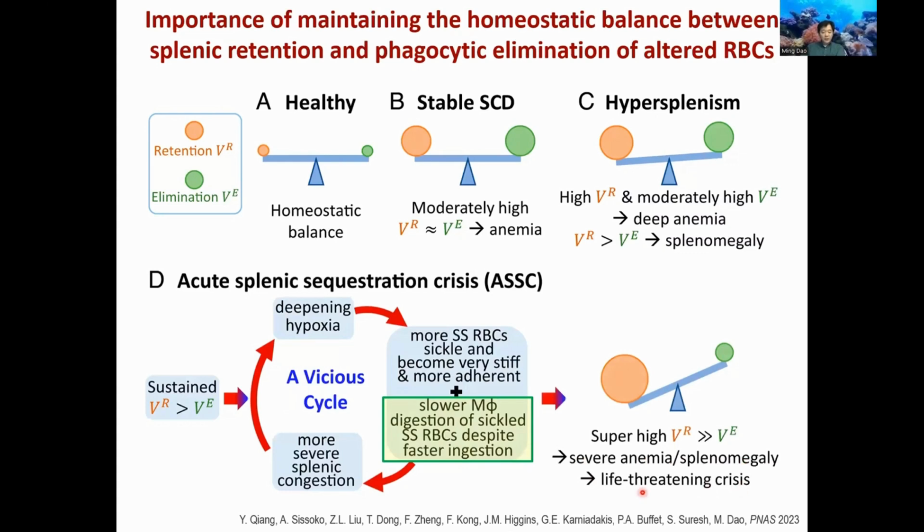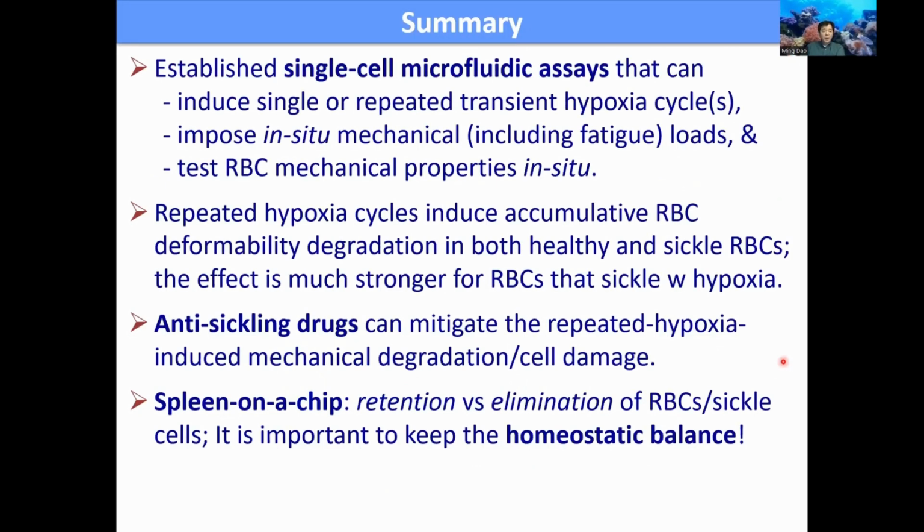You can see more details in this PNAS paper we published recently. So in summary, we established a single-cell microfluidic assay that can induce single or repeated transient hypoxia cycles in situ, including mechanical fatigue loads, and test the mechanical properties in situ.